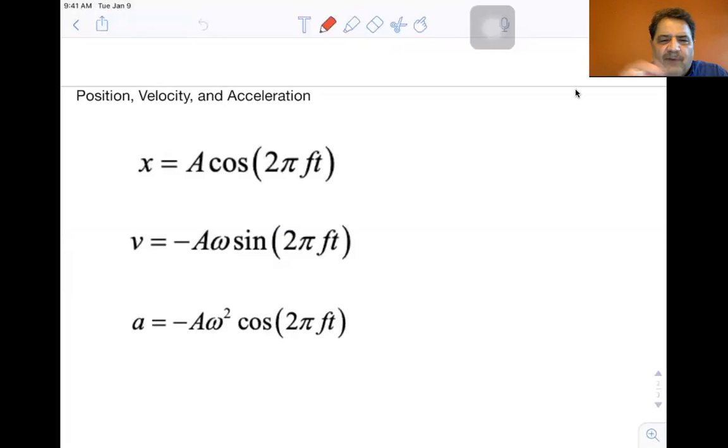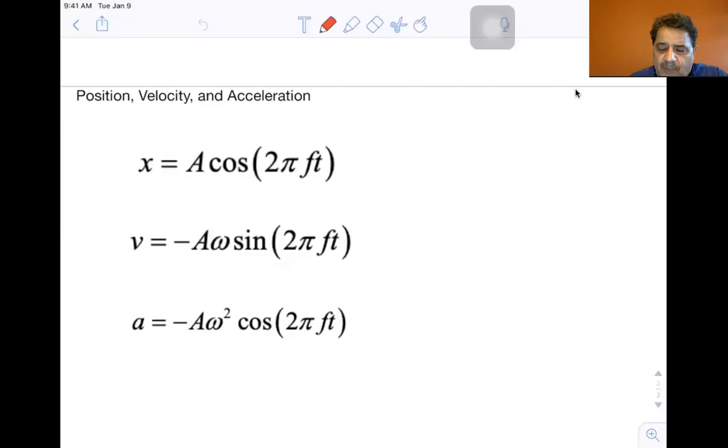You see them on the graph also, but here they are nicely, one after the other. x equals a cosine 2 pi f t. v equals minus a omega sine 2 pi f t, and a equals minus a omega squared cosine 2 pi f t.